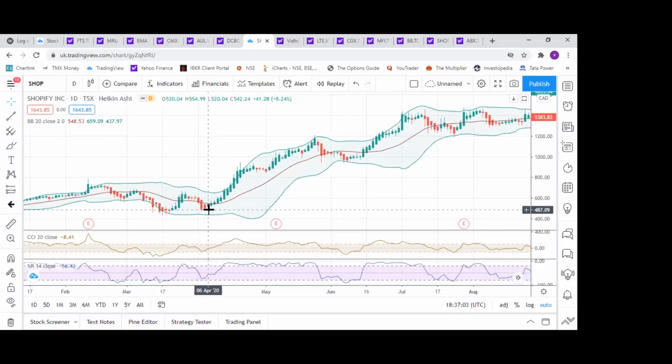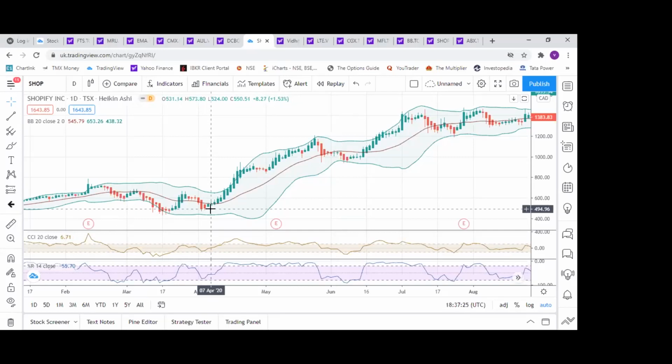Now here, if you look over here, it gives you the open, high, low, close. Over here, the high is 555, 554.99, 555. All right. Next day, 555 could have easily been obtained to enter.